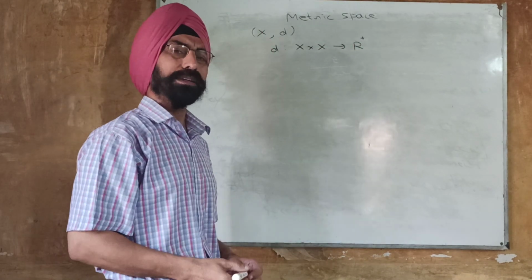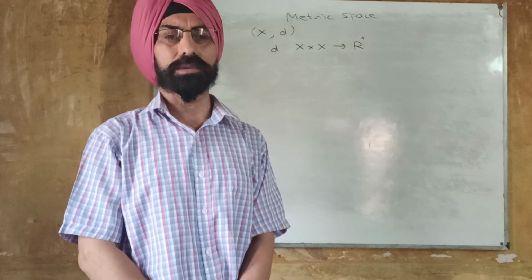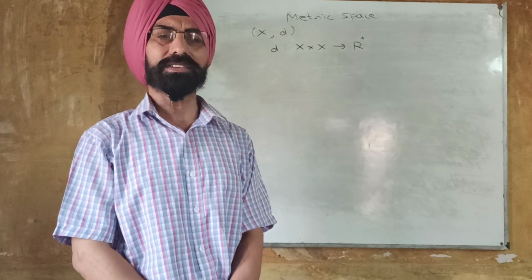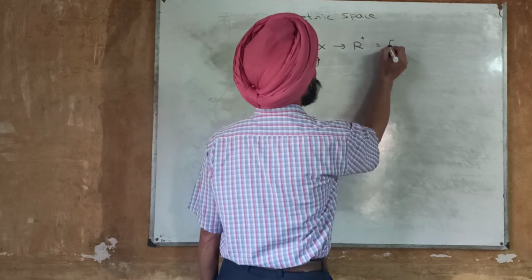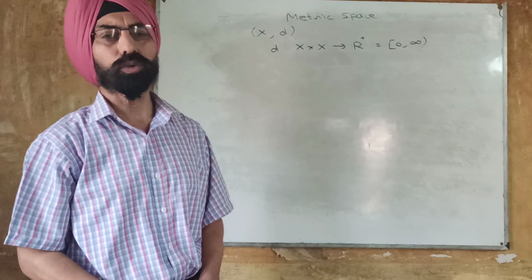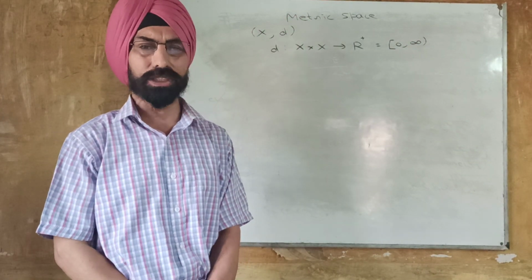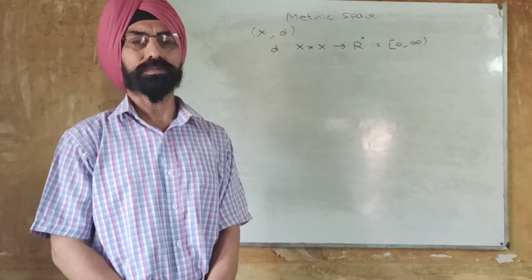R plus I have written because it is the set of positive real numbers. We will not consider negative real numbers. That means R plus here means from 0 to infinity, closed 0 to open infinity. So that means 0 is also included. So D is a function.